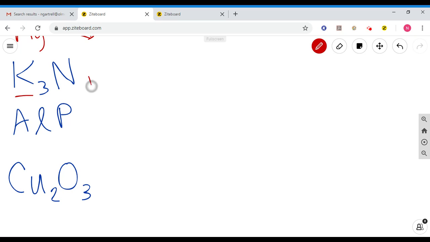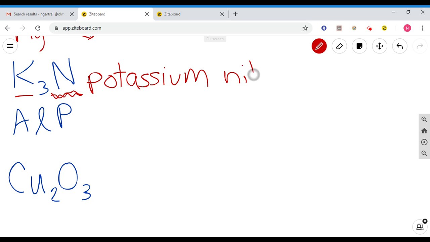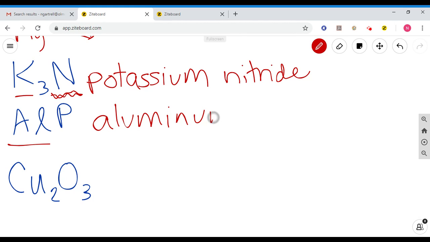So for the first one, hopefully you paused it. You write the first one as you normally would. This is potassium. And then we change the ending to this one. So nitrogen becomes nitride. All right. Write the first one, aluminum.